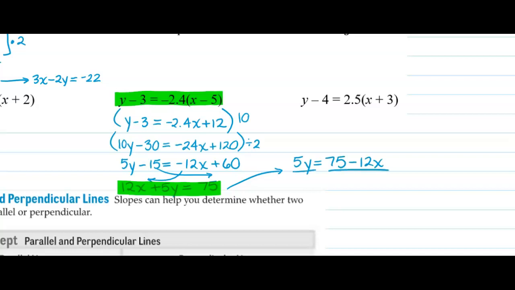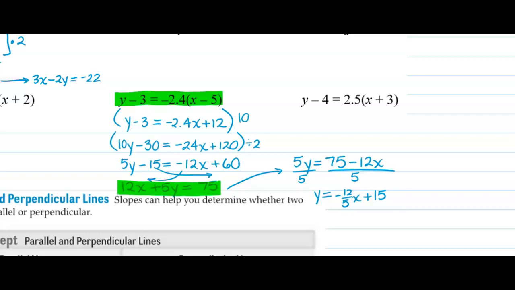And then I could divide everything by 5. Y equals negative 12/5 x plus 15. I like to have my x term first, followed by my constant, but if you had 15 minus 12/5 x, that would be fine as well.